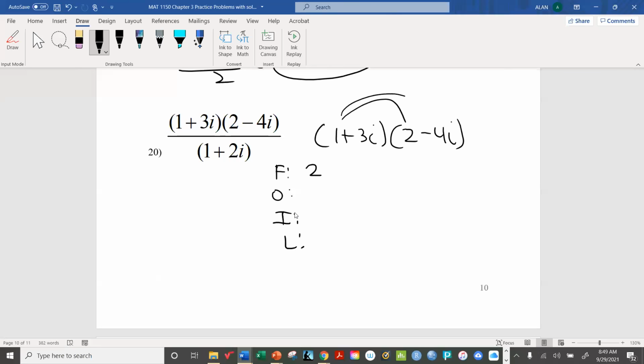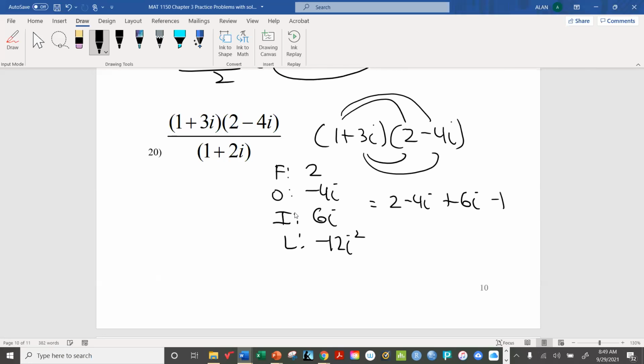Two minus 4i, 6i minus 12i squared. Two plus 2i minus 12i squared.